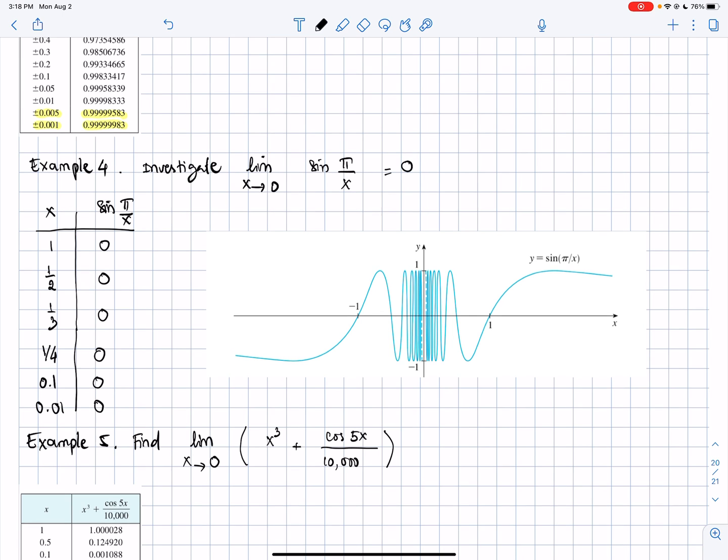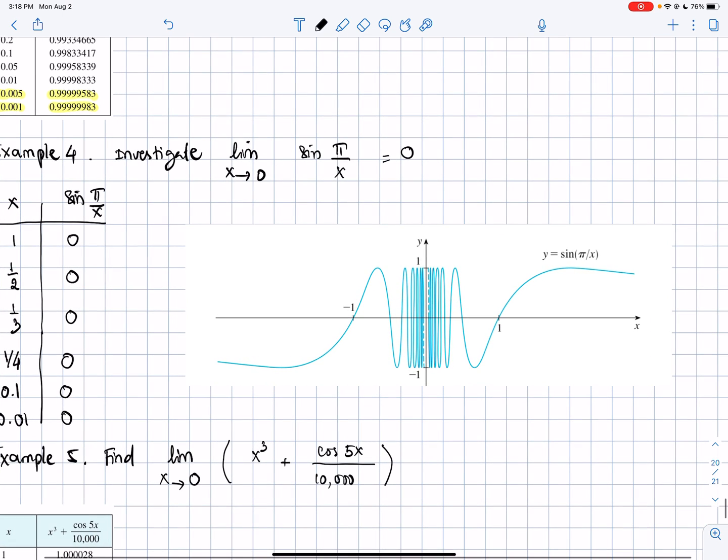Because if we look at the graph, we see that the function sine pi over x approaches 1 and approaches -1 when x approaches 0. So when x goes closer to 0 on the left side or on the right side, the answer is not 0, but is either -1 or 1.